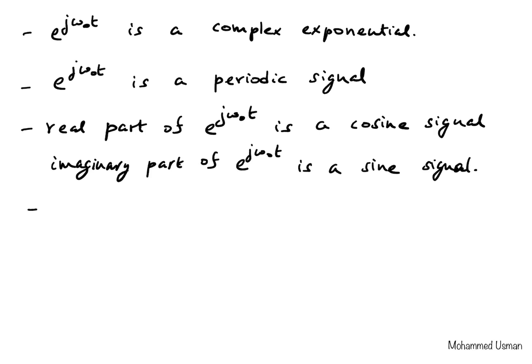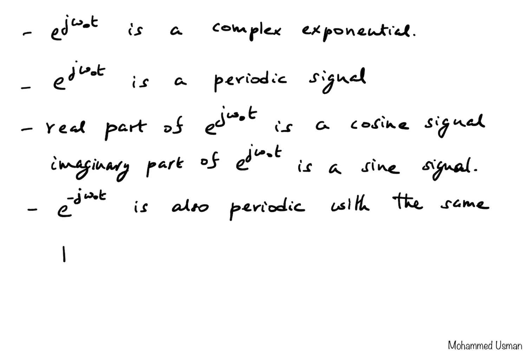And the next property that we talked about in this context is that e power minus j omega naught t is also periodic, with the same period as e power plus j omega naught t.